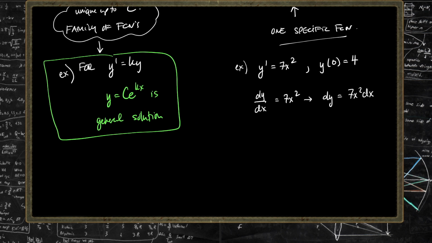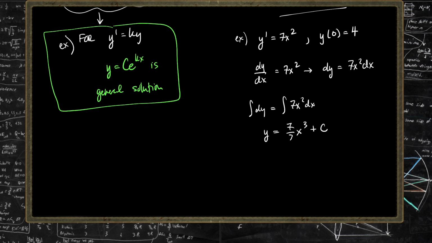Integrate both sides. The integral of dy equals the integral of 7x squared dx. So we get y equals 7/3 x cubed plus c. Again, we really had constants of integration on both sides, but we collapsed that into one on the right. And this is what we'd call the general solution.